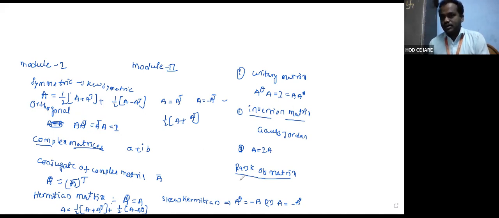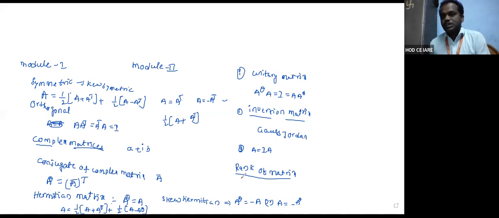Next, if any row or any column is multiplied by some scalar value, that is also an operation.